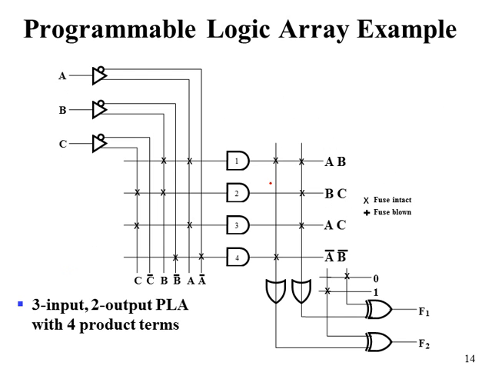Let's take a look at the structure using an example. So you have an array of AND gates here, and you have an array of OR gates here. Both the inputs of the AND gates and the inputs of the OR gates are programmable. That is a programmable logic array. Again, you have 3 inputs for the device and 2 outputs.